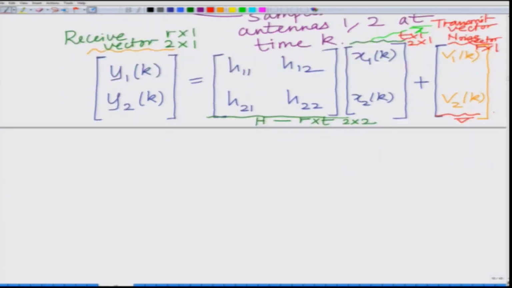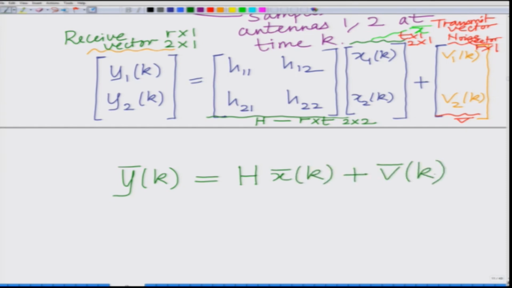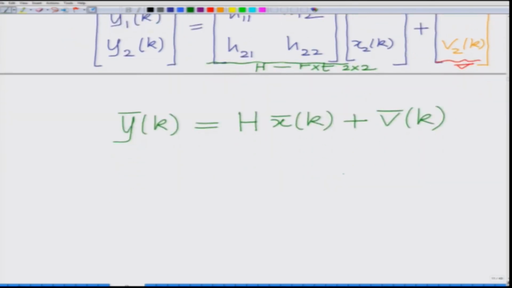So, let me write it a little bit more clearly below. This is Y bar of k, which is your receive vector, equals H, the MIMO channel matrix, times X bar k plus V bar k. So, Y bar k is your receive vector, which is R cross 1.